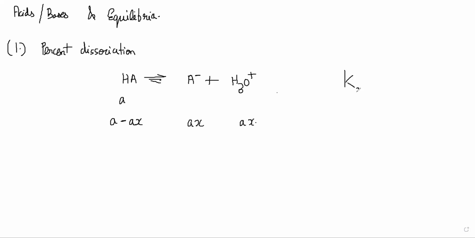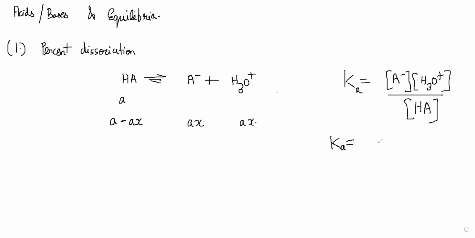Ka for this acid will be A minus times H3O plus by HA. So you will get Ka is equal to Ax into Ax by A into 1 minus x, so this becomes A into x square by 1 minus x.